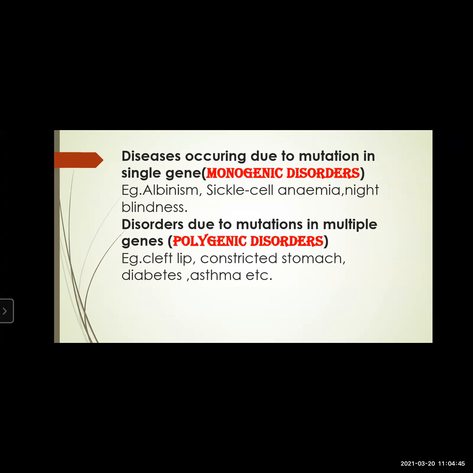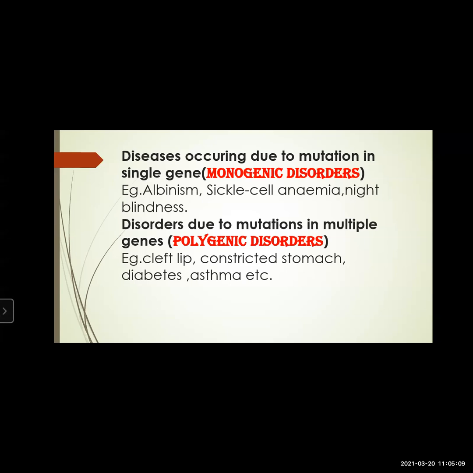Okay, so that means genetic diseases are classified into four types: disorders due to chromosomal abnormality, diseases occurring due to mutation in a single gene, diseases occurring due to mutation in many genes, and one more type, mitochondrial disorder.